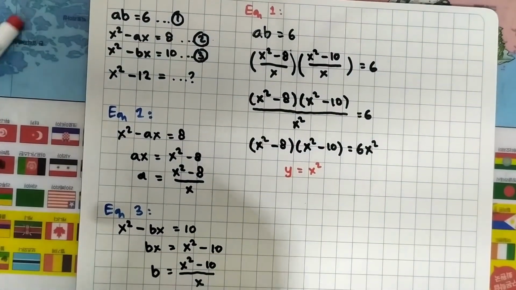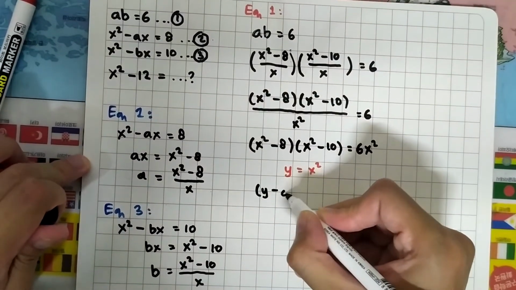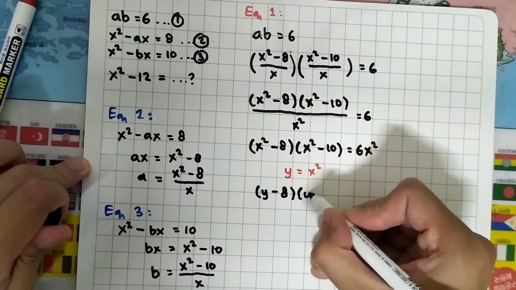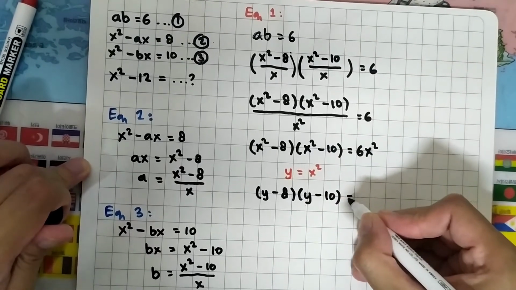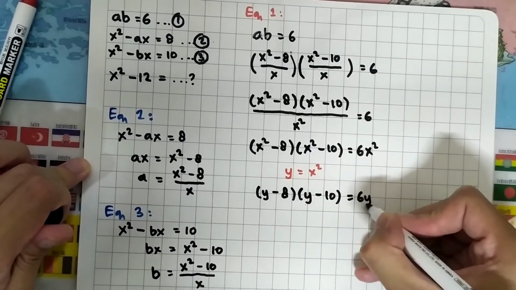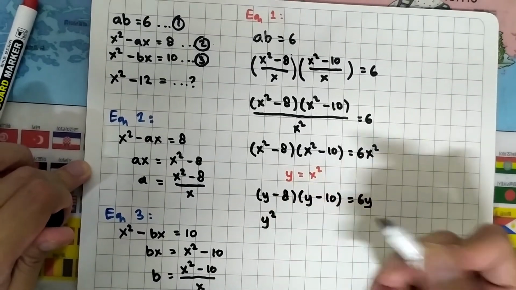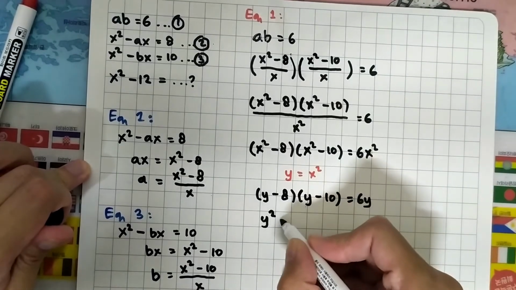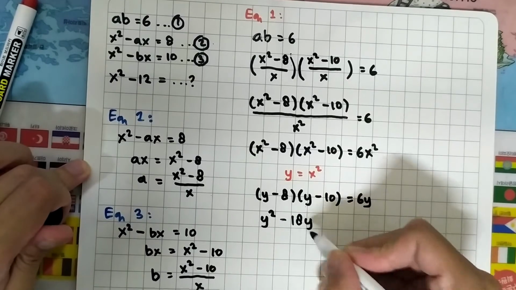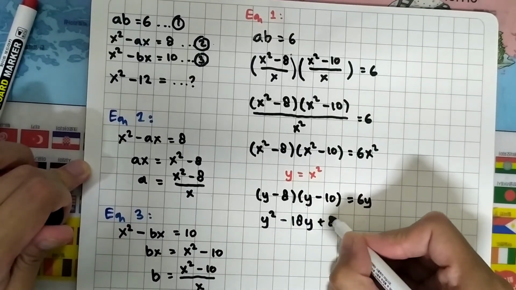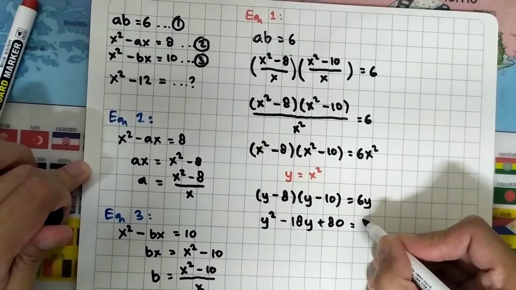So here we have y minus 8 times y minus 10 is equal to 6y, and we multiply this out: y squared minus 18y plus 80, and that will equal 6y.